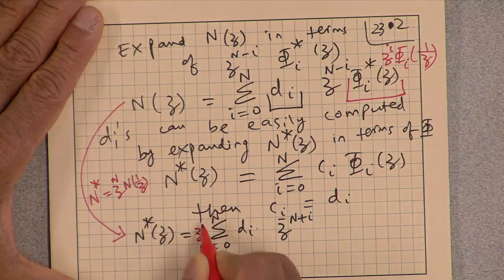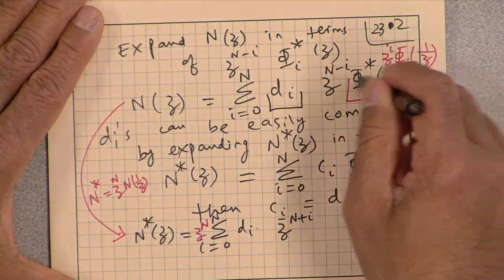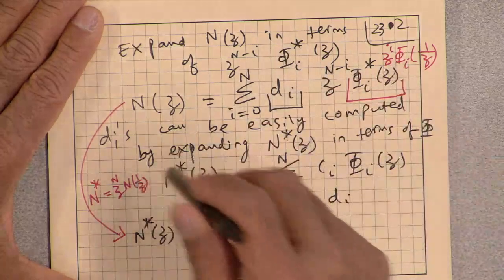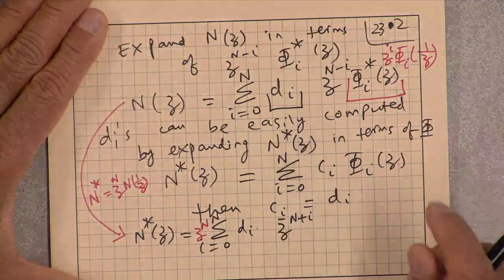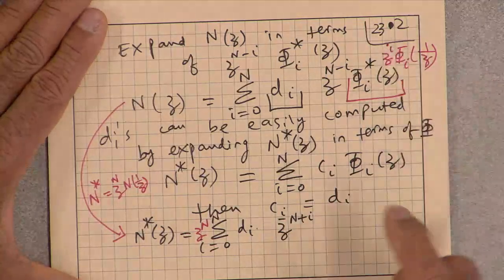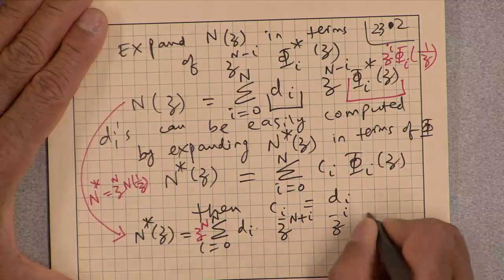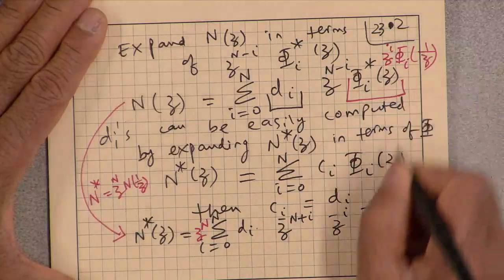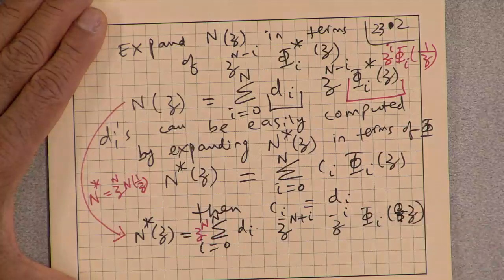So I should have a term z to power n times everything else that is here, replace z by 1 over z, z to power n minus I minus n plus I, z to power I became minus I, phi I of 1 over z, reciprocal of 1 over z is z.